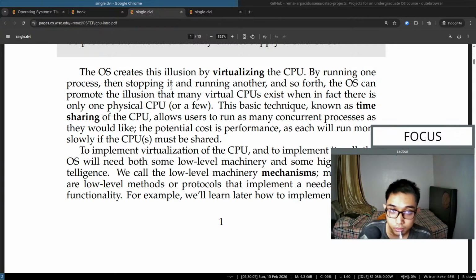The basic technique, known as time sharing.